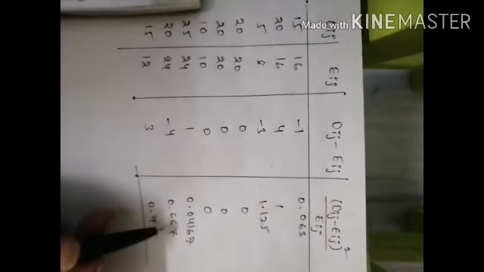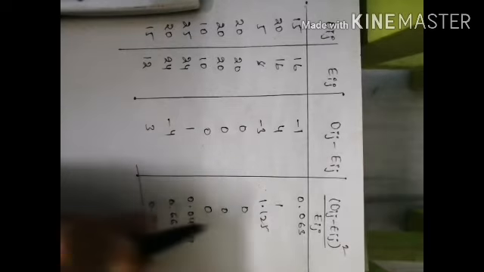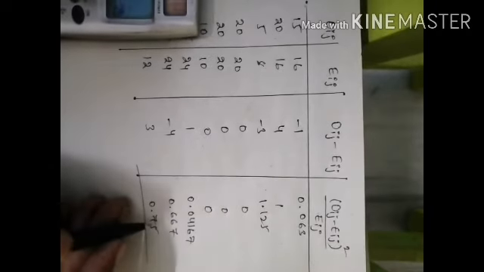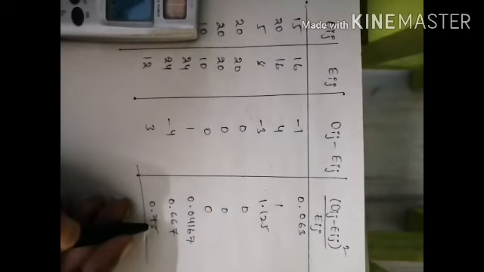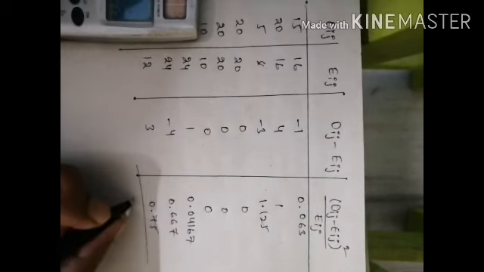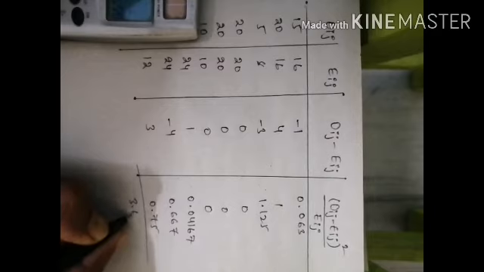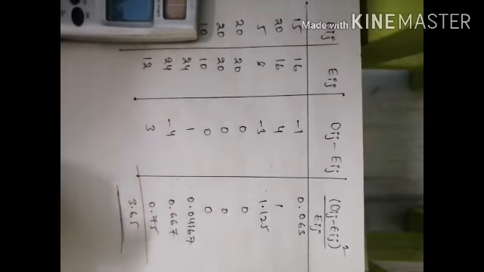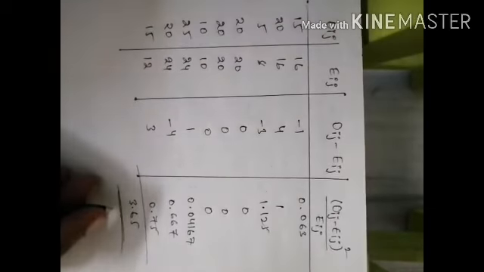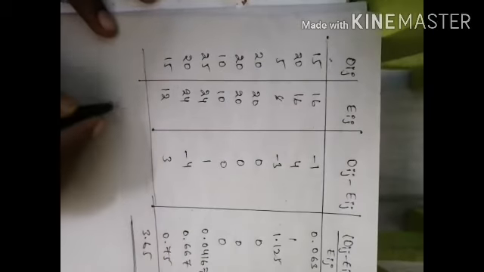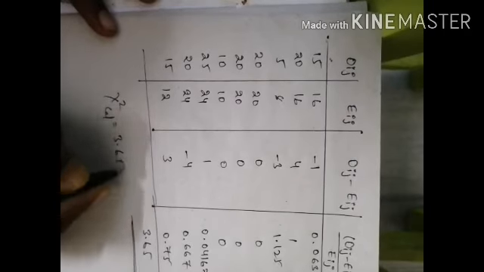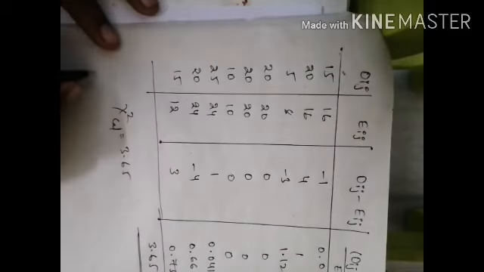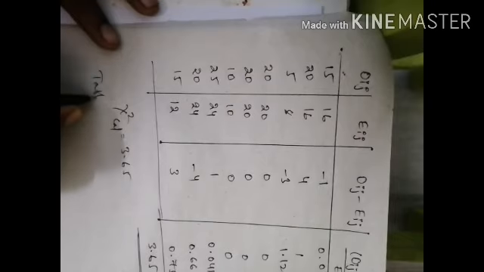So these are the calculated values, and now we need to add all these values. We are getting 3.65. So 3.65 is the chi-square calculated value.